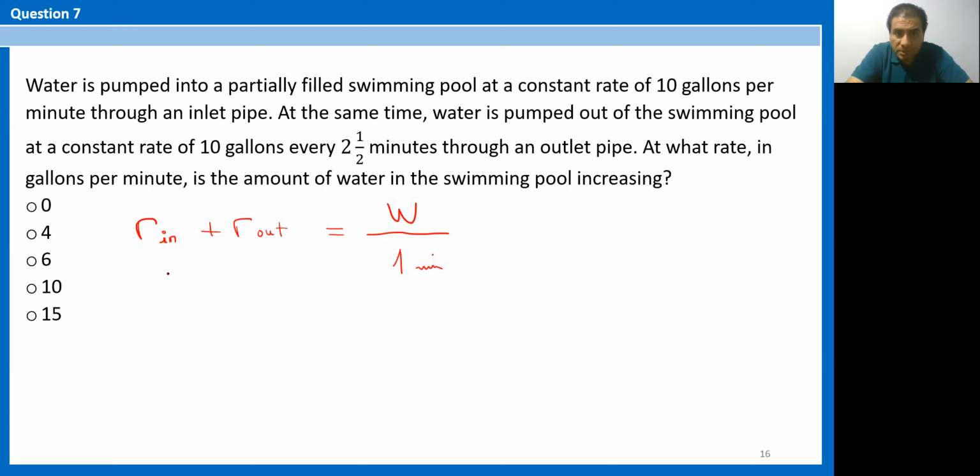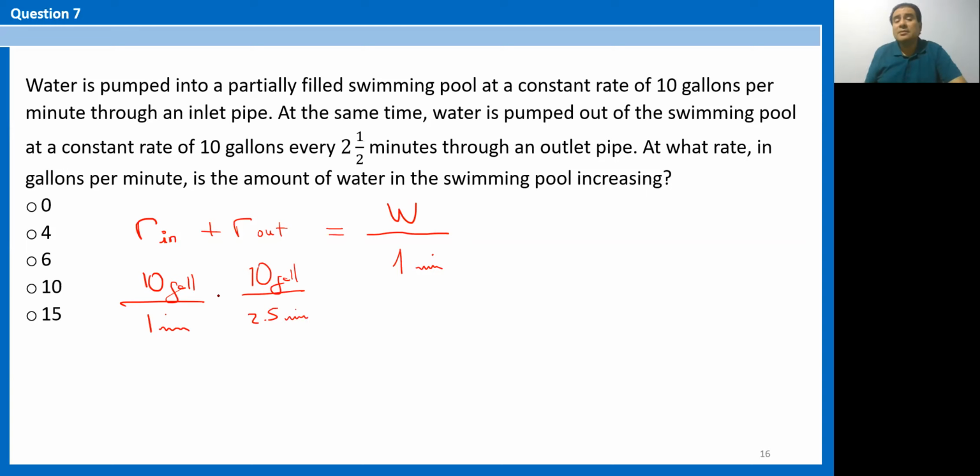Okay, so what is the rate of ingress? That is 10 gallons divided by 1 minute. On the contrary, what is the rate of water coming out of the swimming pool? Well, it is 10 gallons over 2.5 minutes.